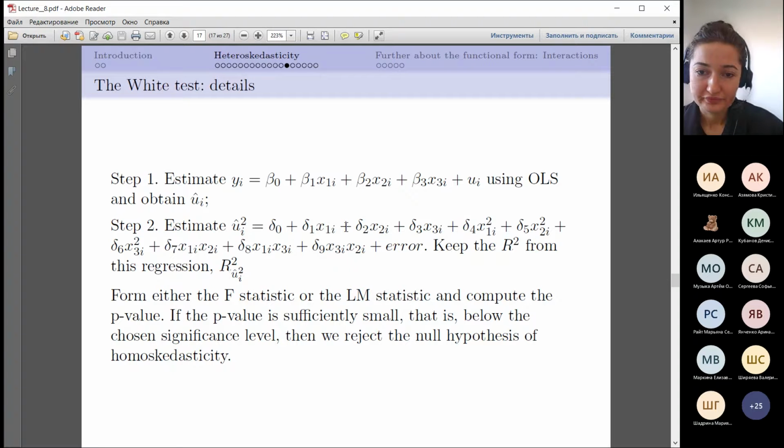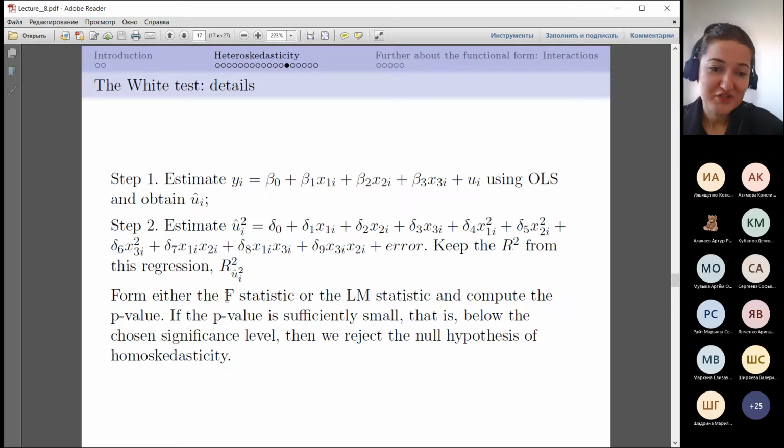But here you can see that we add 9 restrictions, and all these 9, I mean, because you have here 9 variables, yeah, your original variables, then the square terms and the cross products. Now you test 9 restrictions in this example. And again, you obtain R-squared and use the F statistic or Lagrange multiplier statistic and compute the p-value. Yeah.